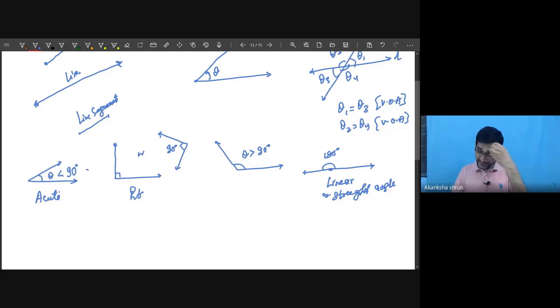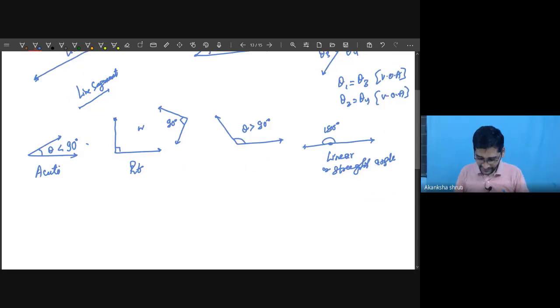Then it is possible to take the bigger angle like this one. Get it? This angle is the bigger angle. In this case, we are defining two kinds of things. One, this smaller angle is taken as theta, and this becomes how much? 360 minus theta. Because at a single point, if we take the entire rotation, the angle is 360 degrees.